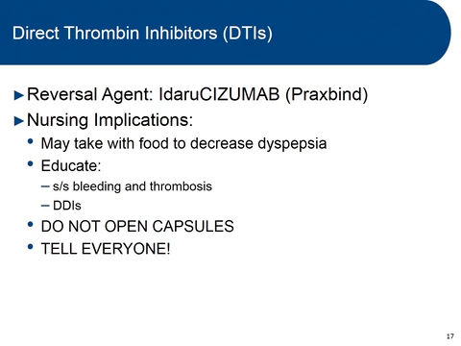And then my last point is tell everyone. I made this point when we were talking about heparin and low molecular weight heparin: if you're on these medications, you have to let people know that you're on them because there could be other drug-drug interactions. These patients are at a higher risk for bleeding, and so other healthcare professionals need to have that information.